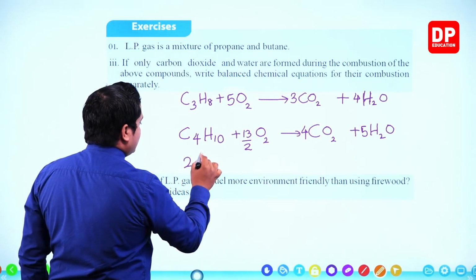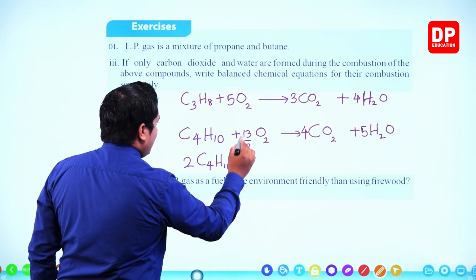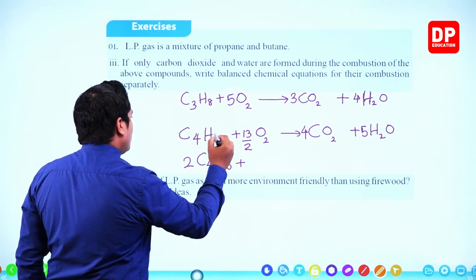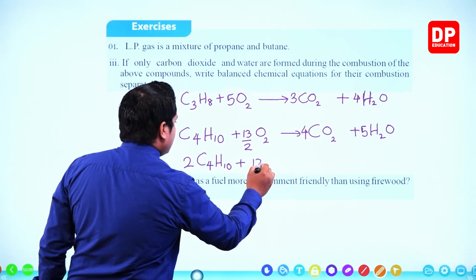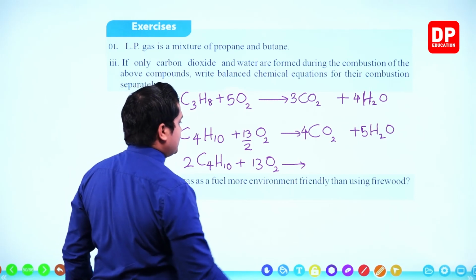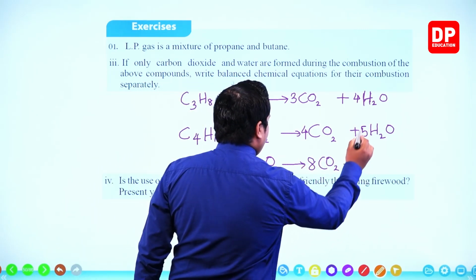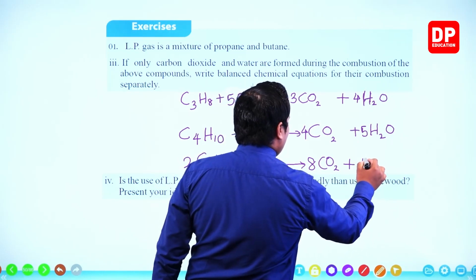So 2 times C4H10. When you multiply this one by 2, the 2s get cancelled. It becomes 13 oxygen gas. Then here when you multiply this one by 2, 8 CO2. Then when you multiply this one by 2, 10 H2O.